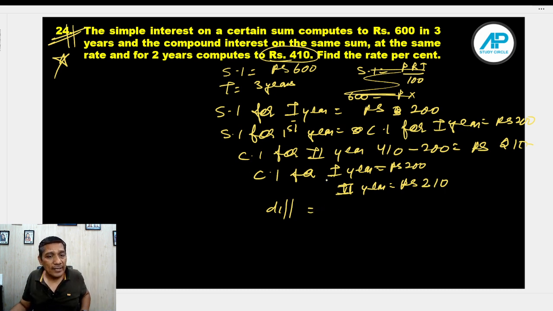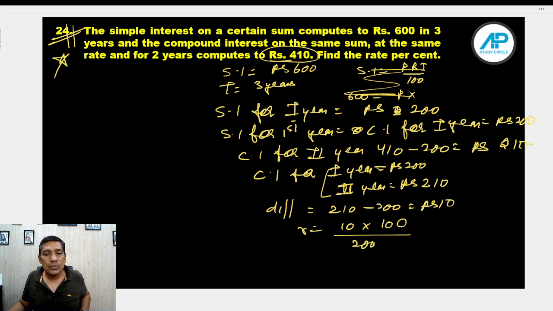These are the 2 consecutive years. 210 minus 200 gives me rupees 10. R equals interest 10 upon 200 into 1. Time period is 1. I got the answer as 5%.